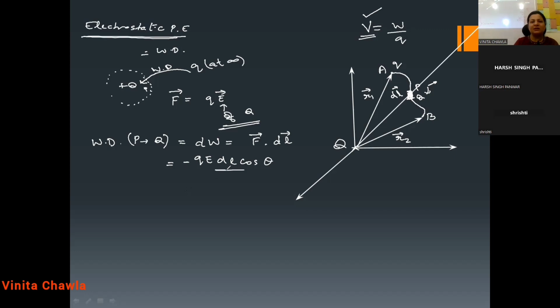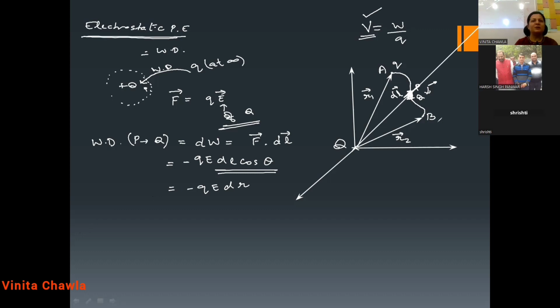And this dl cos theta is that component of displacement which is in the direction of force. So this can be written as dr, so minus QE dr. So this is a small amount of work done when the charge covers a small displacement in the electric field of the source charge.